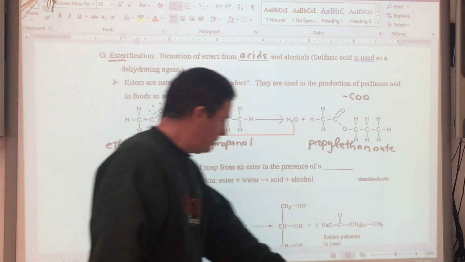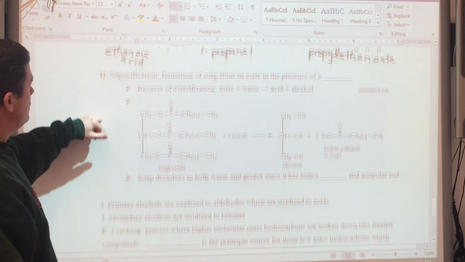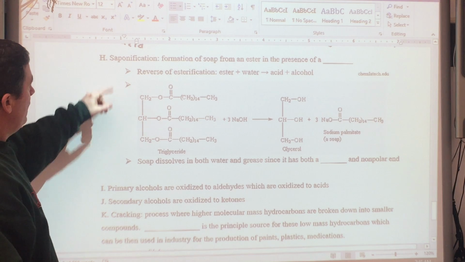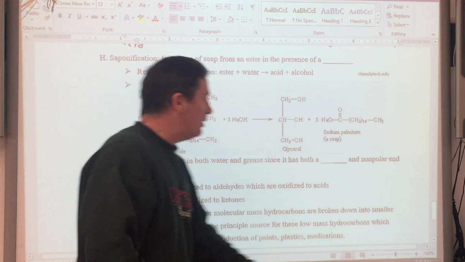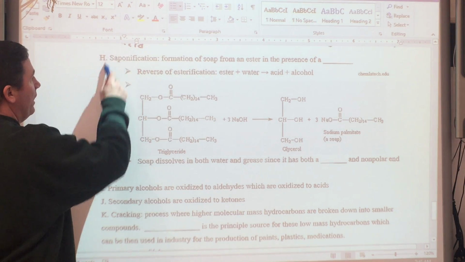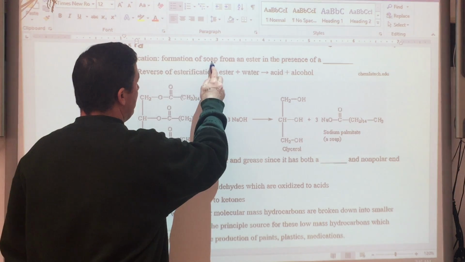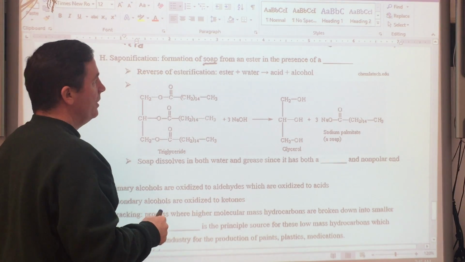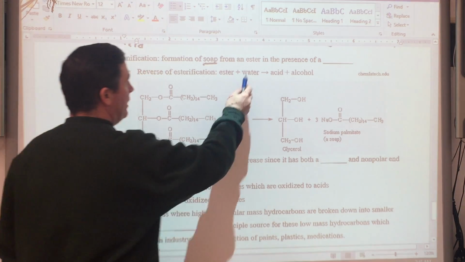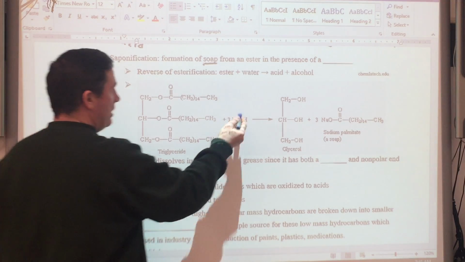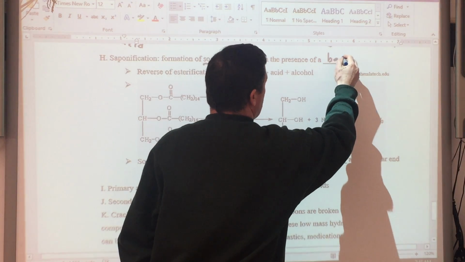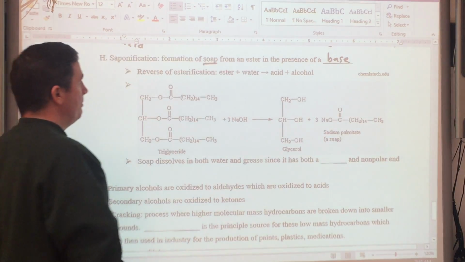All right? Second to last one here is saponification. And that's not that hard to remember because these four letters make soap. Okay? Saponification is the formation of soap. Okay? How do we make it? From an ester, and we have to have it in the presence of a base.